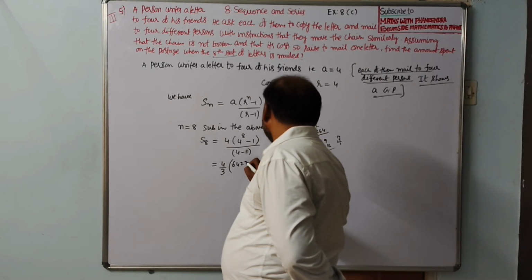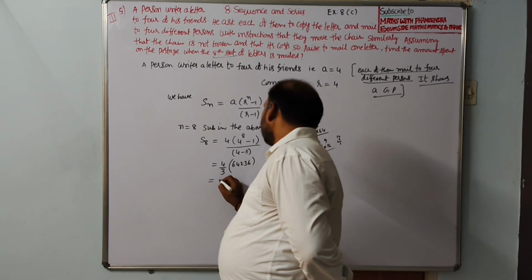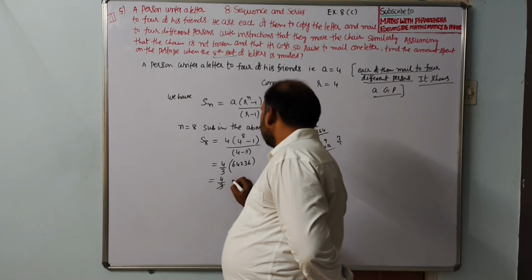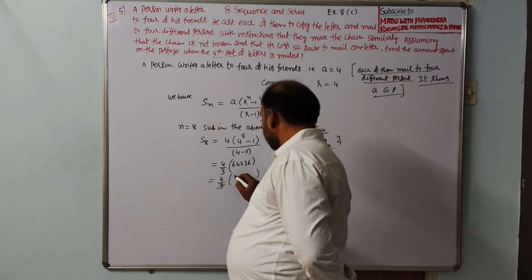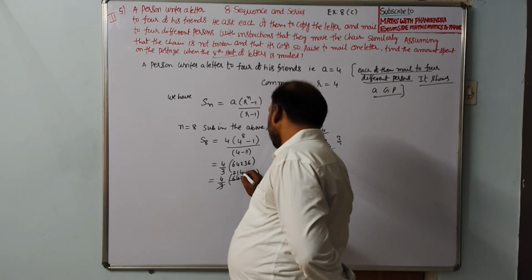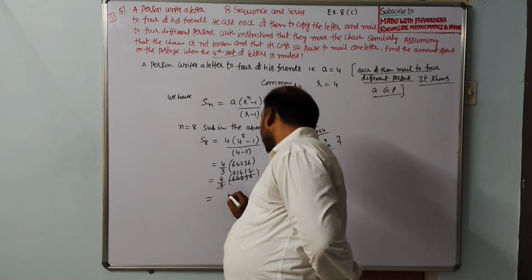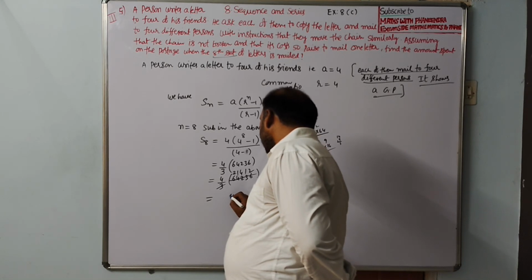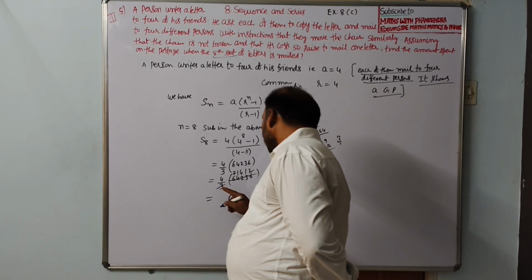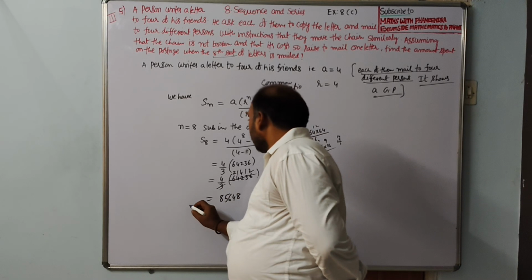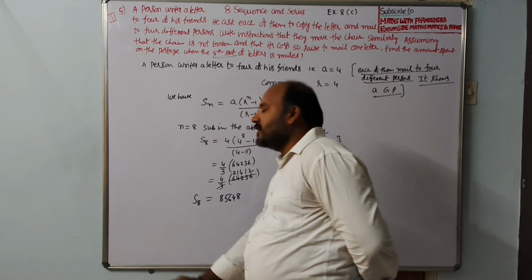So 64236. So 4 by 3 ones. 3 twos are 6, so 3 ones, 3 fours, 3 ones, 3 twos. 4 table, 4 twos are 8, 4 fours are 16, this is about yes, 8 dear students.